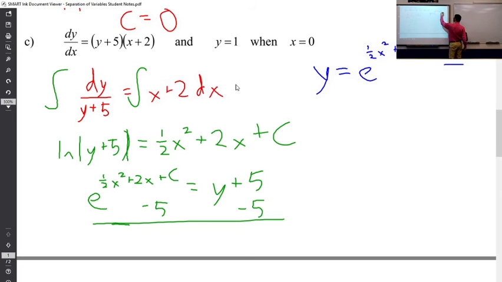So the problem right now is that the plus c is up in the exponent. It's going to make it harder. And so we're going to use a property of exponents. You use it when you say 2 cubed times 2 to the 5th. Well, that is 2 to the 8th. How did I get that? By adding my exponents.